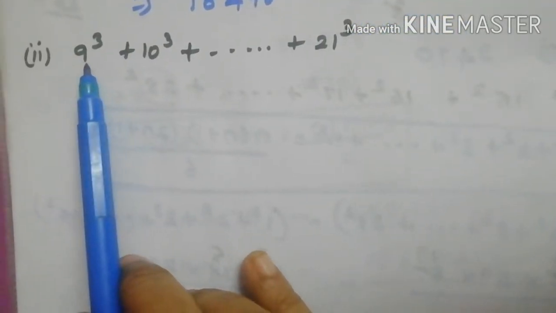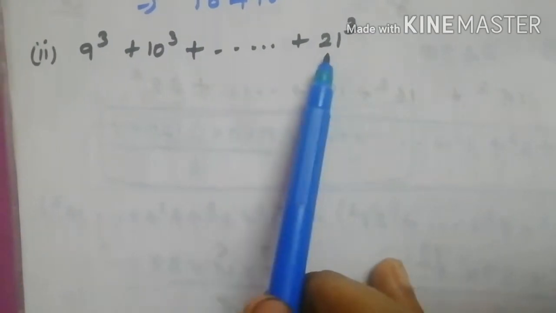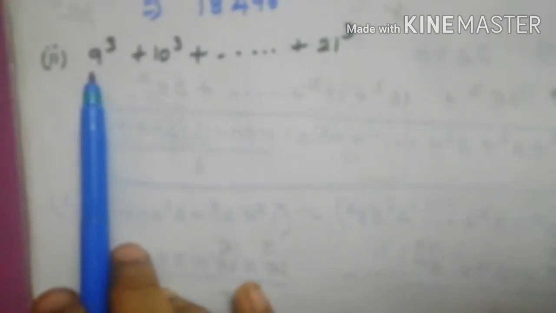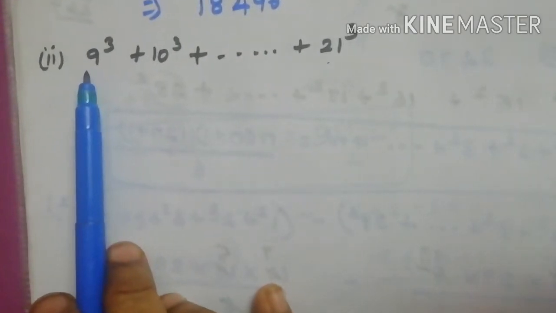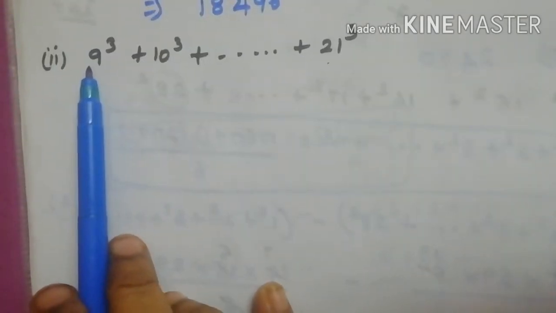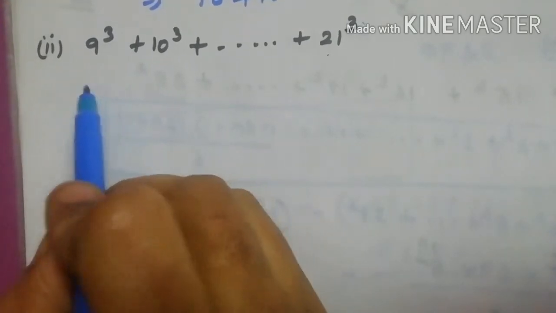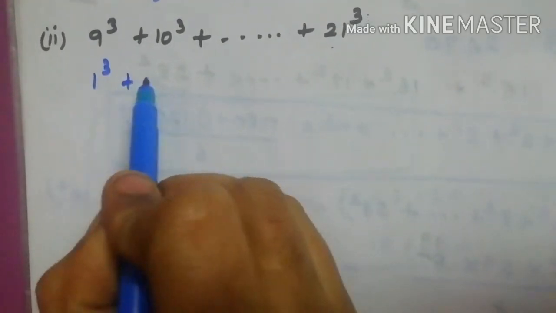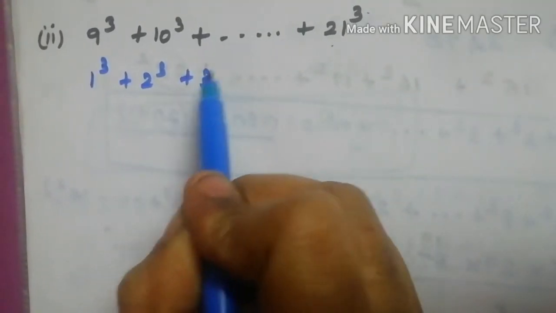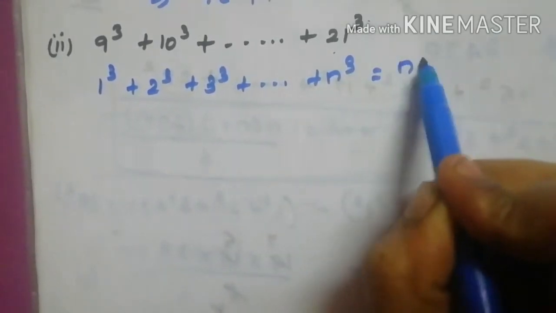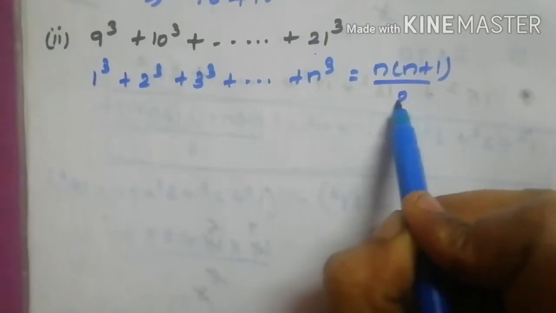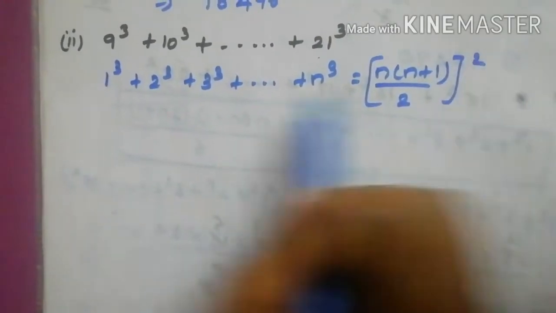Next, the second sum: 9 cube plus 10 cube plus up to 21 cube. Here we see that the numbers do not start from 1, so we make the question start from 1. We know the cube formula: 1 cube plus 2 cube plus 3 cube plus etc. plus n cube is equal to n into n plus 1 by 2, the whole square.